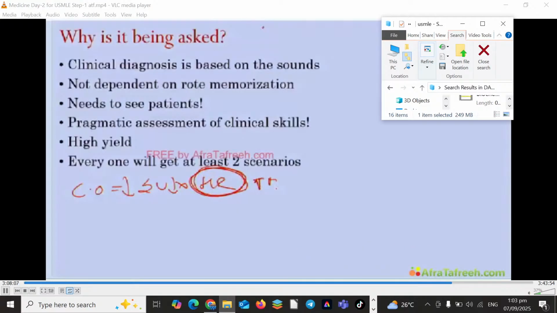Heart rate is 150 per minute. 150 per minute means in half a second there is one heartbeat. And if you say that in acute heart failure there is S4, that would mean in half a second there are 3 sounds. So that would sound like tabrak, tabrak, tabrak, tabrak.